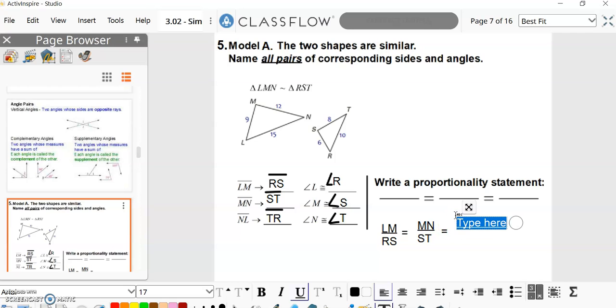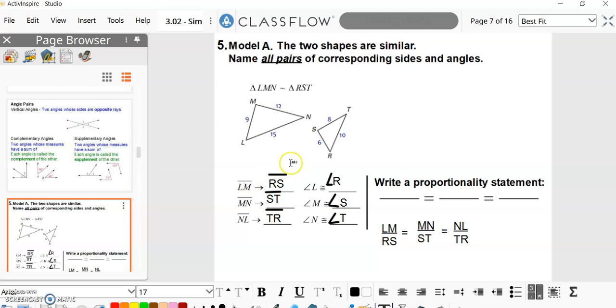And finally, our last comparison is NL over TR. All right, we can make this look a little better if we want to. That's the proportionality statement. I just wrote it down here instead of up there.